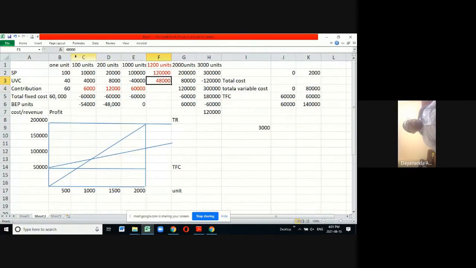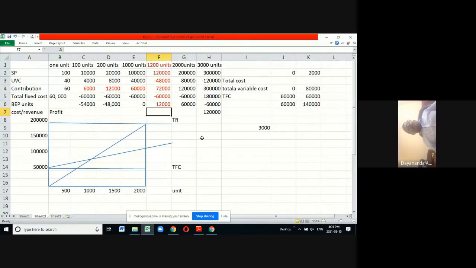Which is a minus figure because it's an expense. I put minus to make it easier for me. Then it is the sum of these two, which gives the total contribution. Total contribution is that. So the TFC is 60,000. Okay. So thereby the profit is 12,000. Agree? I just put that column also.